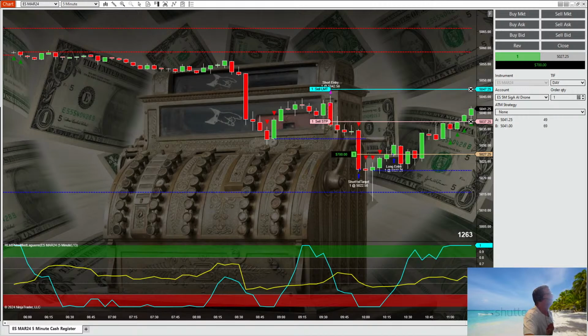Wow. This option position came all the way back. Thank God. Holy moly. I was sweating it out.